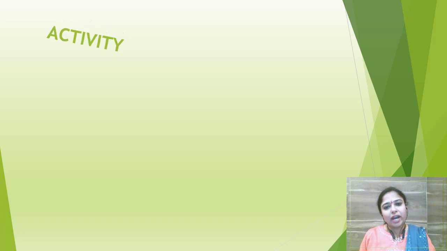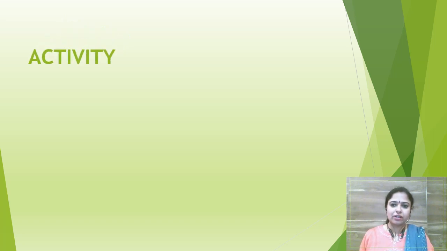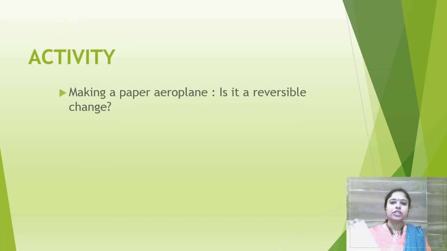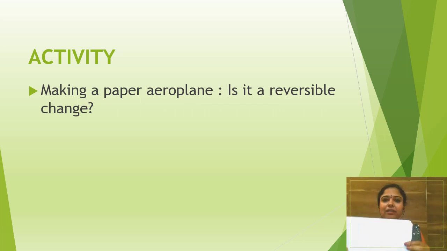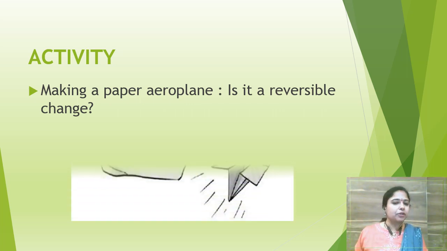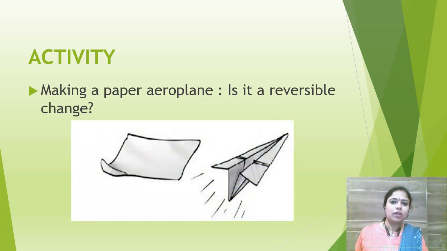So, children, we have seen several examples of reversible changes today. Why don't we try out now? Take a sheet of paper and fold it into an aeroplane. I know you all are very good at origami and you can do this very easily. So, I have folded my paper into an aeroplane like this.